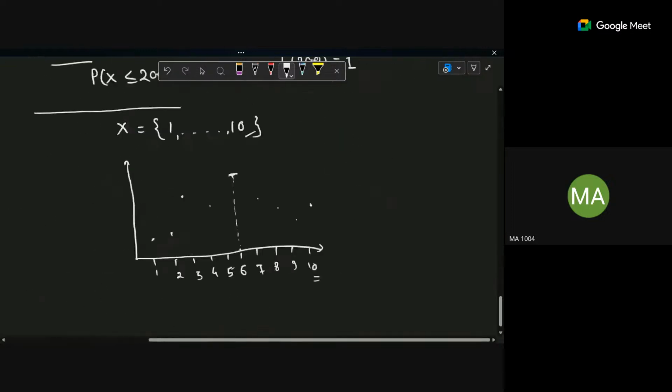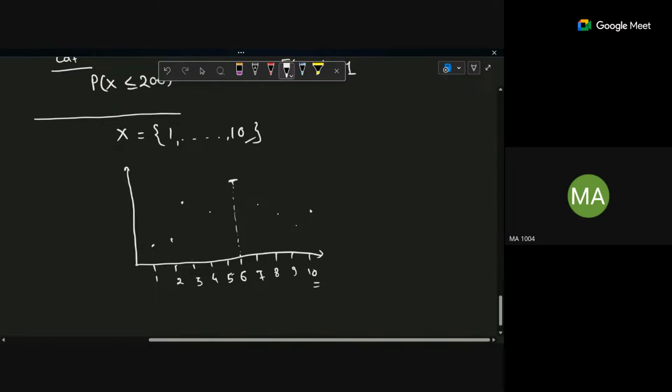So once you go with the PDF, it will give you the highest occurrence if you choose a particular interval only, because you have R as your range, right? You have to look at the data, look at the distribution, and find which interval will have the highest probability or the highest density.